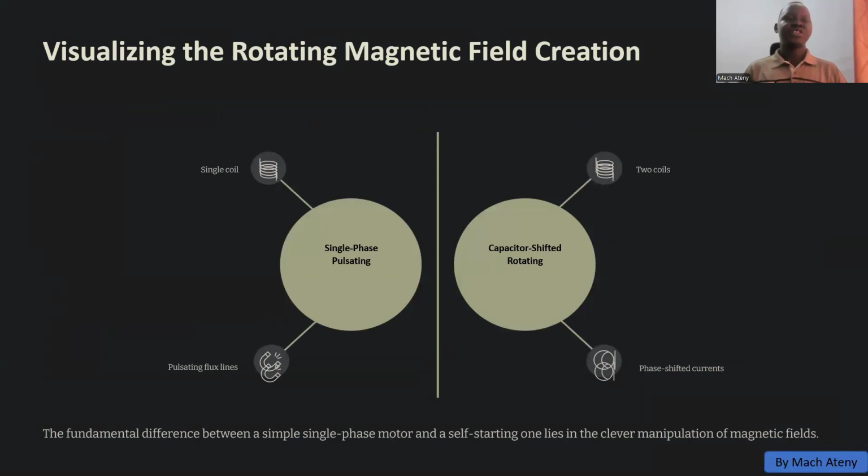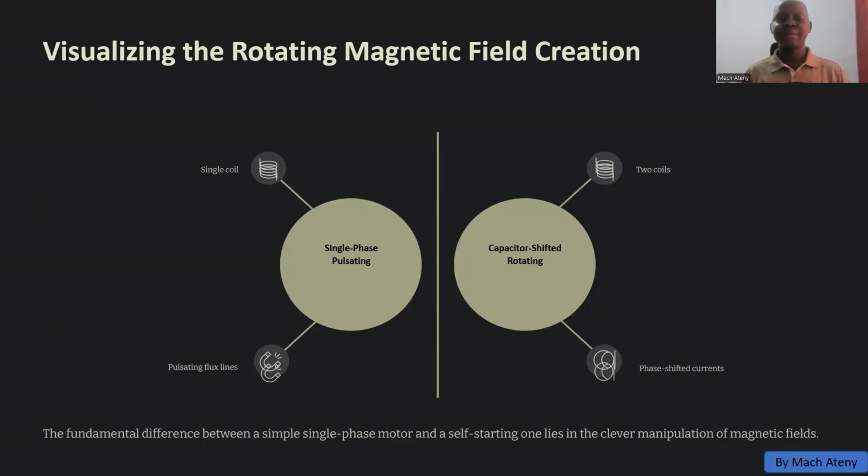Visualizing the rotating magnetic field, we're having the coil, we're having pulsating flux lines, we're having two coils, we're having capacitance. This side we're having capacitance, phase shift, rotating; single phase, pulsating. We're having phase shifted current.